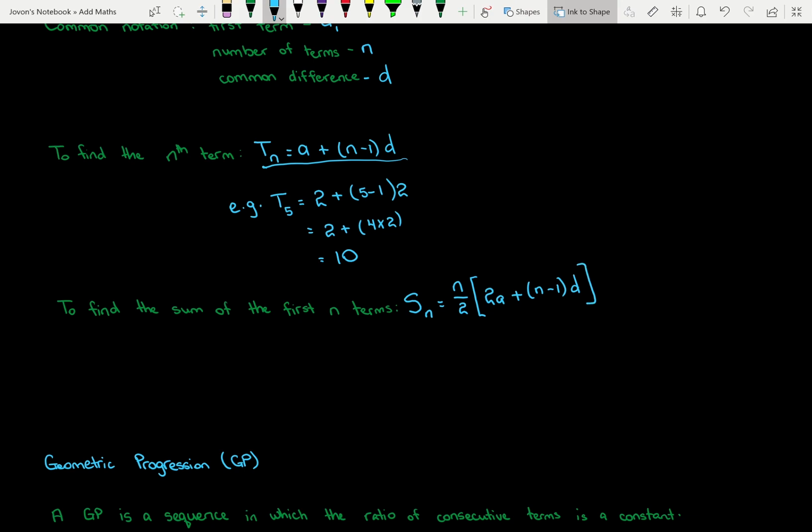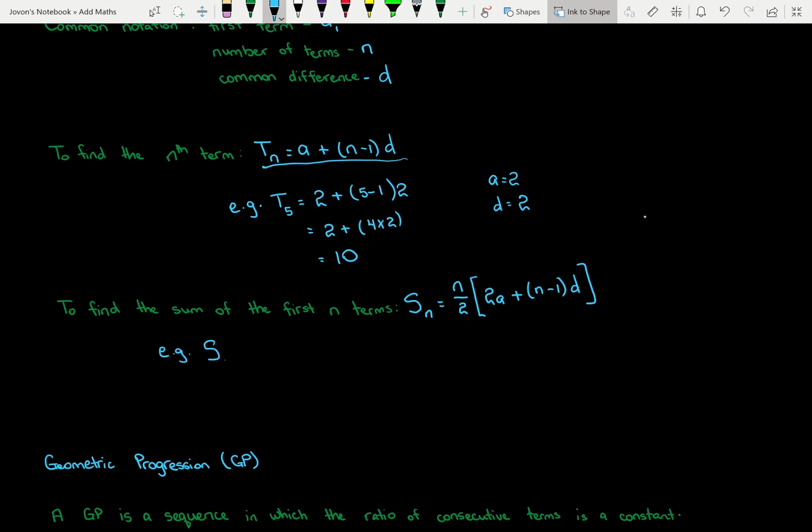So following from the example above, we saw that the first term was 2 and the common difference was 2. So let's say we want to find the sum of the first 100 terms.